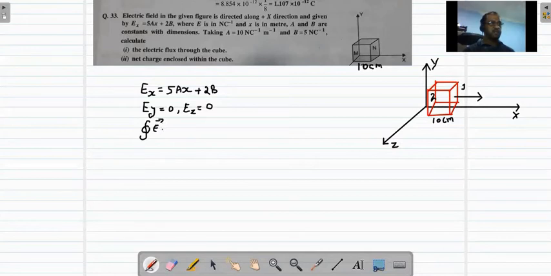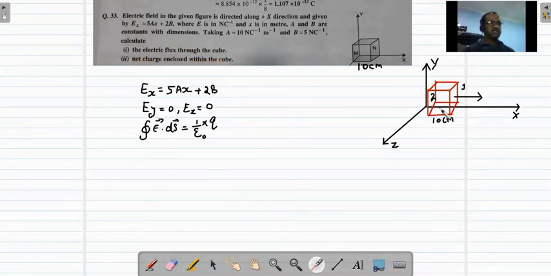We can substitute it, equal to 1 by epsilon into the net charge enclosed inside, q. The question is asking, by using this theorem, to find out what is the electric flux through the cube and what is the net charge inside.